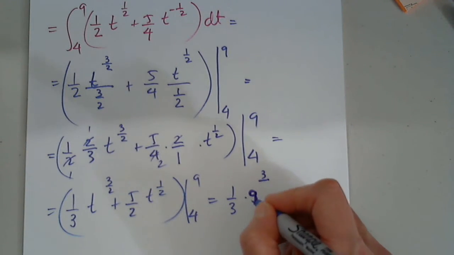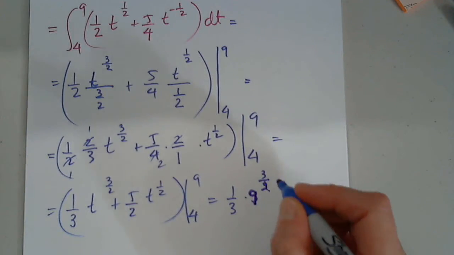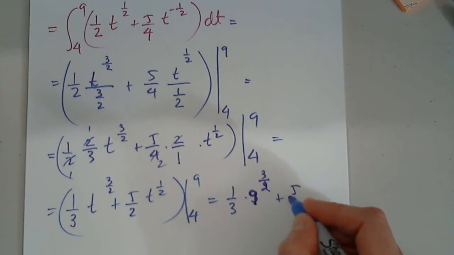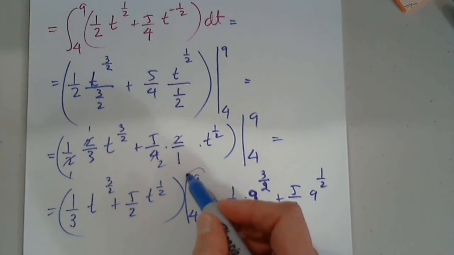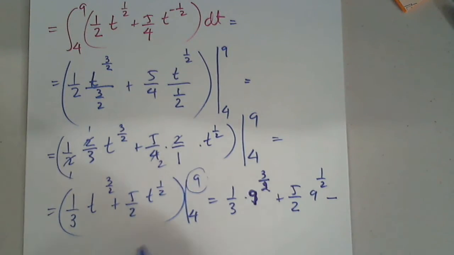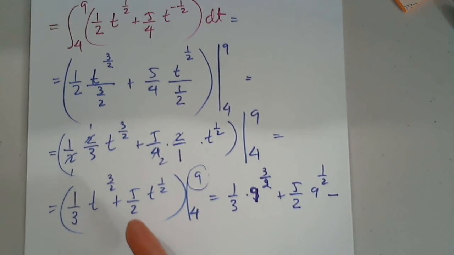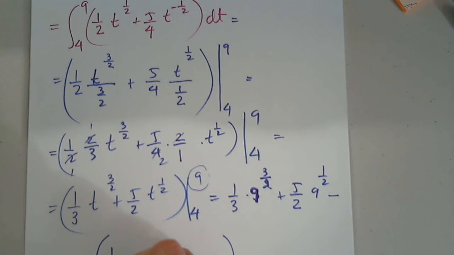So it's 9 to 3/2, and then plus 5/2, 9 to 1/2. So I plugged in 9, but now I have to subtract. That's the fundamental theorem of calculus: I have to subtract when I plug in 4. So 1/3, 4 to 3/2, plus 5/2, 4 to 1/2.